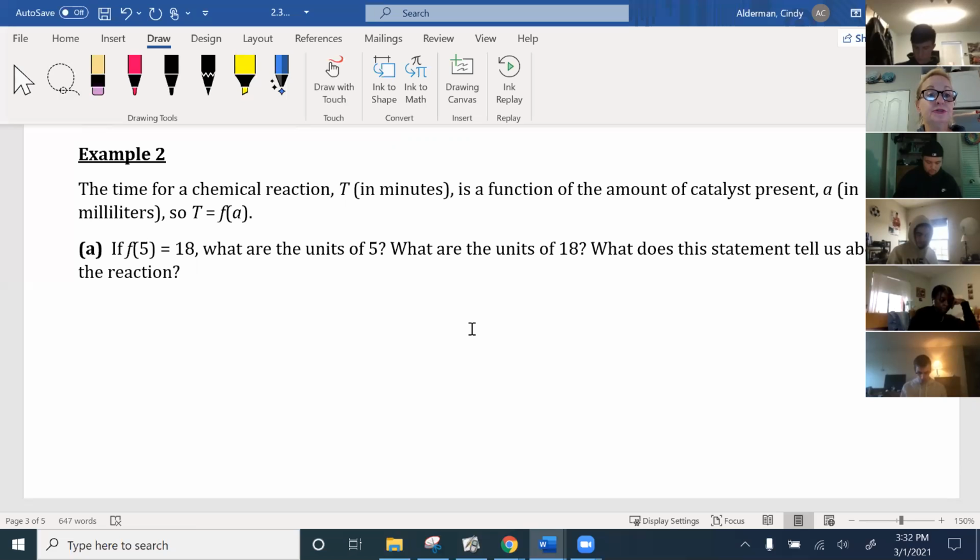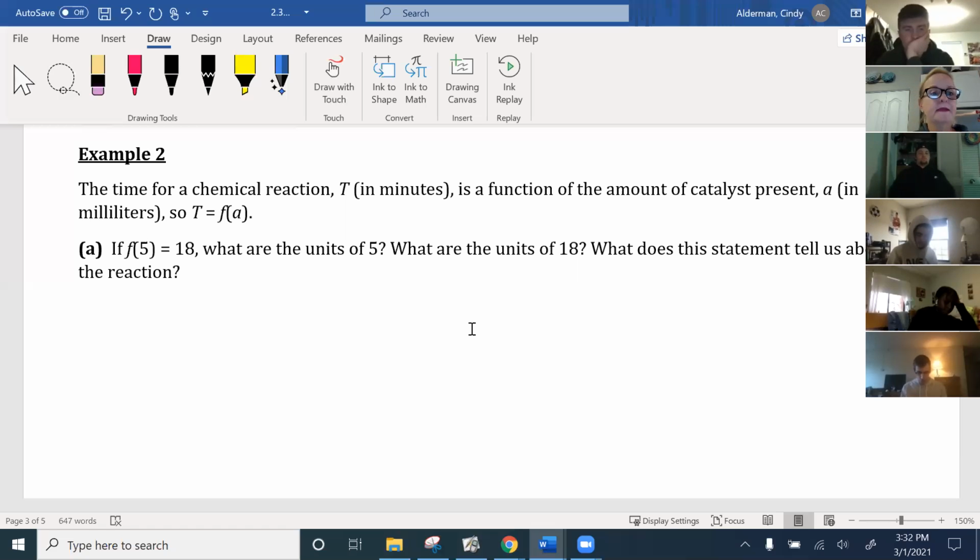Okay, so example 2, the time for a chemical reaction T in minutes is a function of the amount of catalyst present, A, in milliliters. So the original function is T equals f of A, in other words the reaction time T is a function of the catalyst present A, and A is in milliliters.